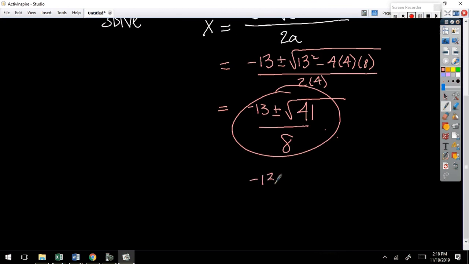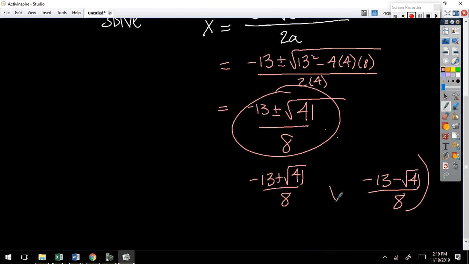Remember, factors would be x minus this. I'm going to just put a little extra set of parentheses in here. x minus this one. And then you have your other two zeros that we started with.